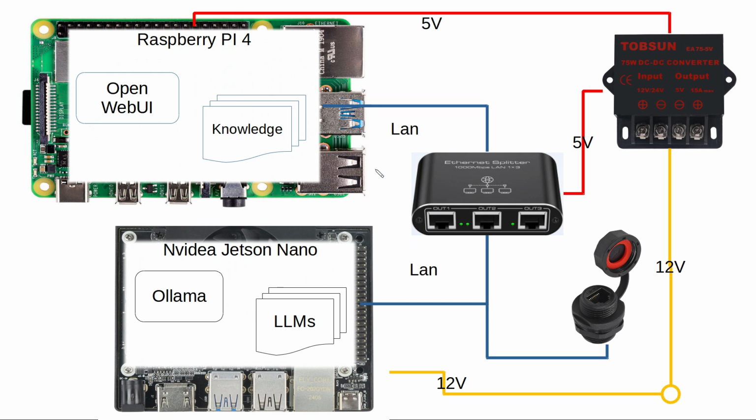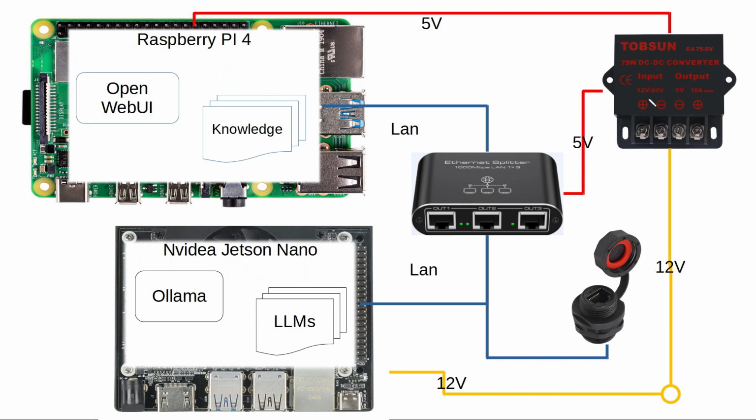But the components of this, let's start from the power supply. I've got 12 volts coming into the device, and I've got a 12 volt to 5 volt converter here. The 12 volts is used by the Jetson Nano. It actually has its own circuitry for reducing that to the voltage it uses on the board.